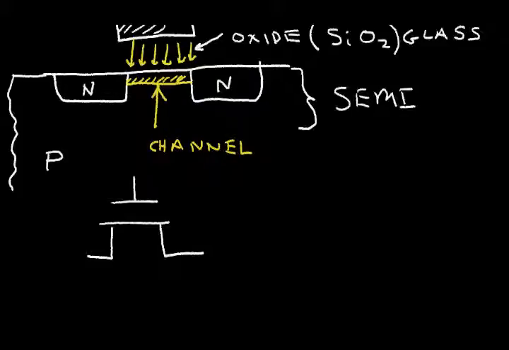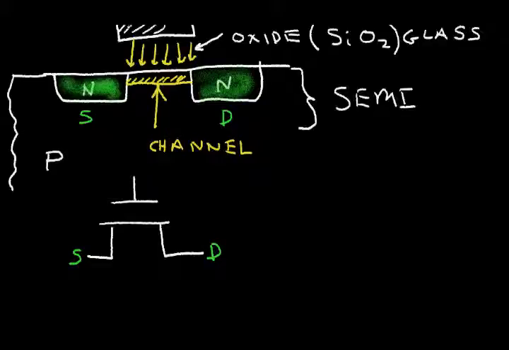So this is N-type silicon, and this is N-type silicon. This can be called the source. This can be called the drain. Now the symbol, this would be the source terminal, and this would be the drain terminal.